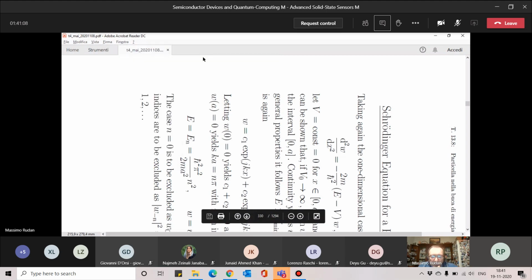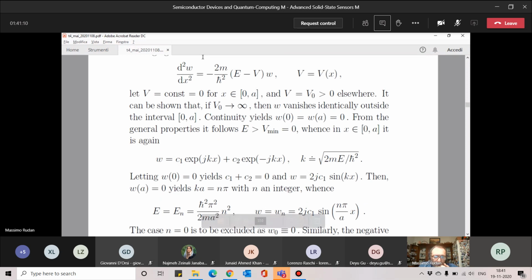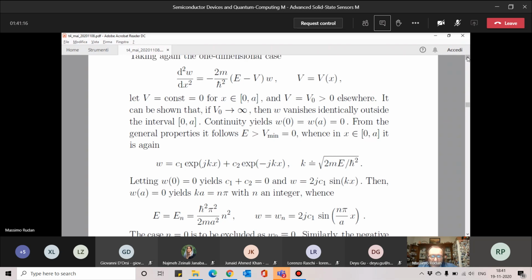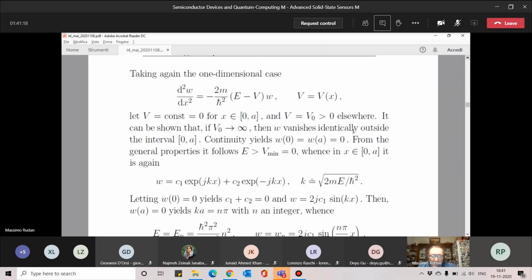The solution in the well is not so easy, but it is made much easier if we assume that the two sides of the well go up to infinity.